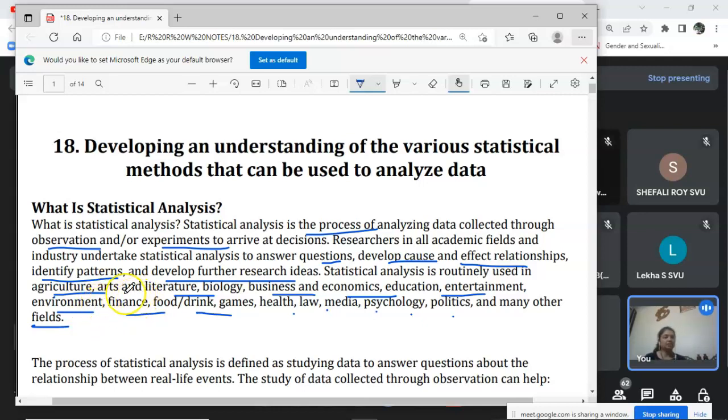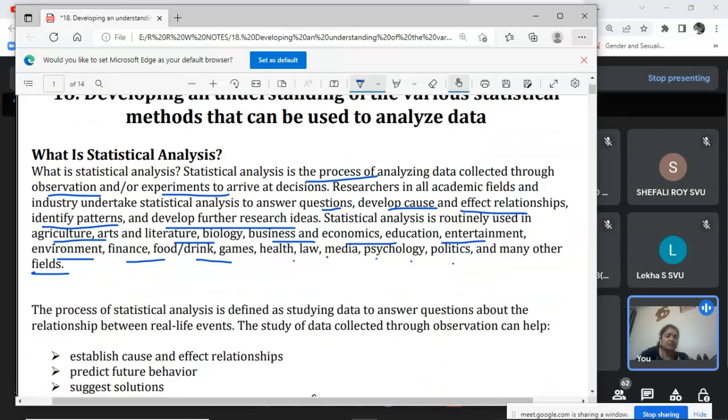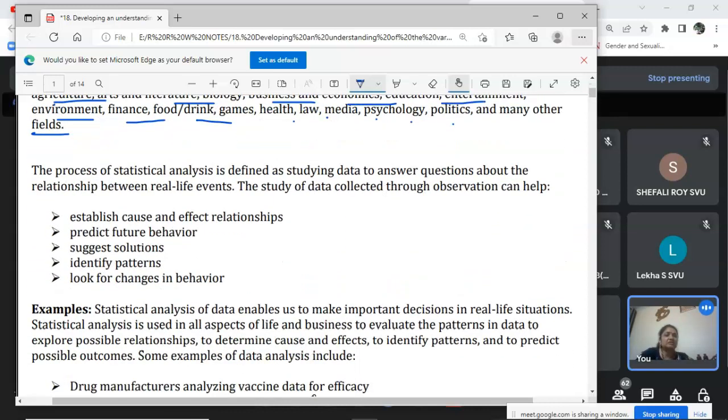In art and literature, the publication date, frequency of publication, number of characters, their roles, the involvement in real life, and the major events a writer has dealt with are data. Biology is completely based on data; in business, economics and education, everywhere we need data and have to analyze it. When we analyze data, we use statistical analysis, because we take mean, mode, median; such statistical analysis is very common.